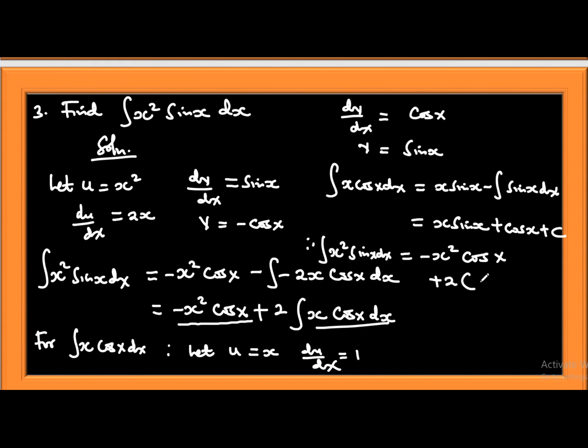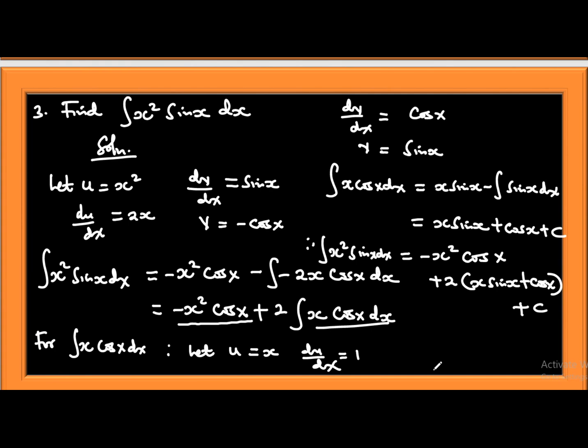So it is going to be 2 into brackets x sine x plus cos x, and then our constant can still be there, and that becomes our final answer.